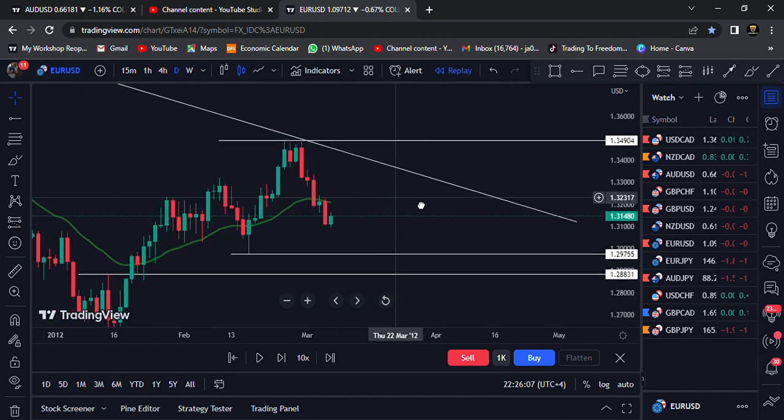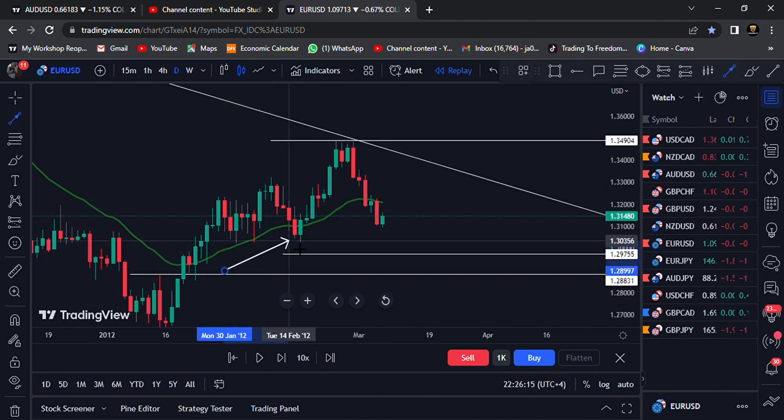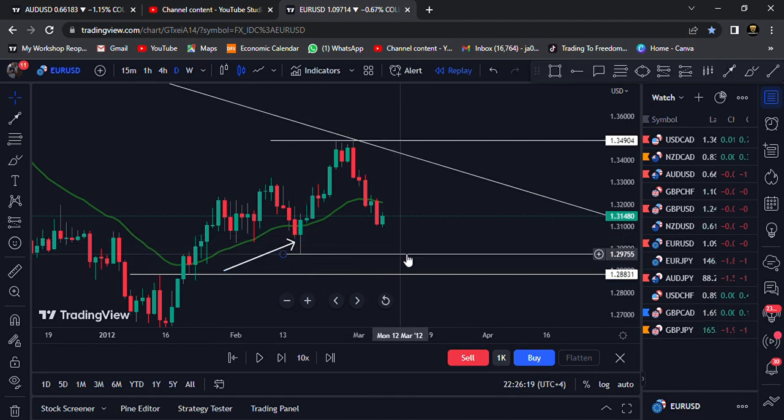This is exactly what we were supposed to see. This candlestick gives us a very strong buy signal. Actually the market bought, created the high, came back here, and now it's below the moving average.